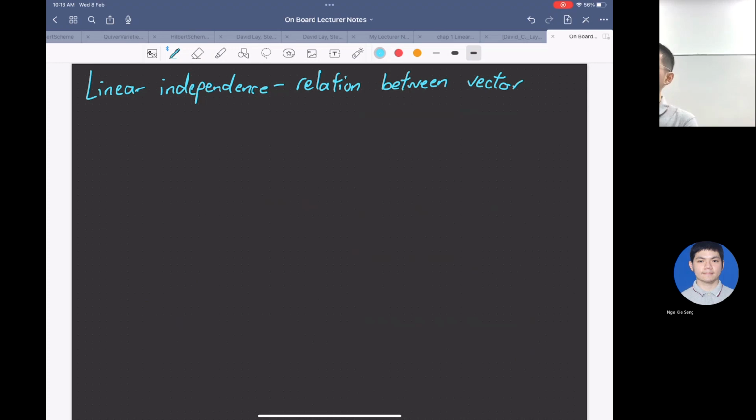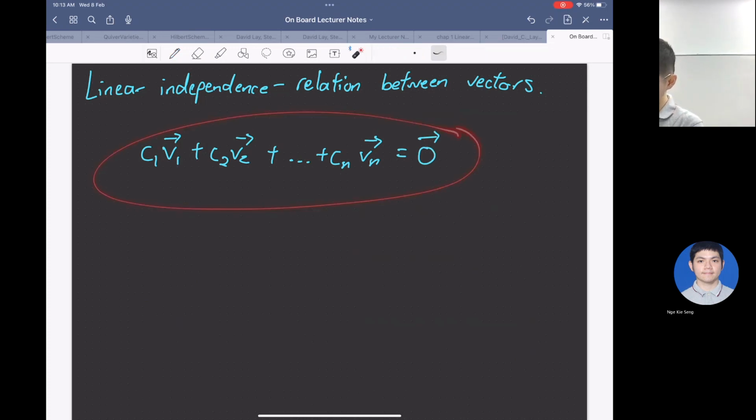How do you play with vectors? You can only do scalar multiplication or addition. Let's look at the vector equation c1 v1 plus c2 v2 plus up to cn vn equals the zero vector.